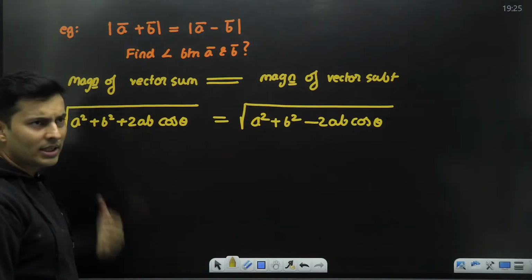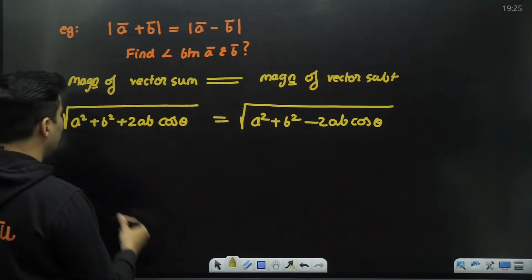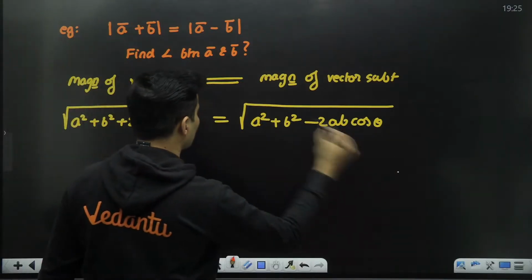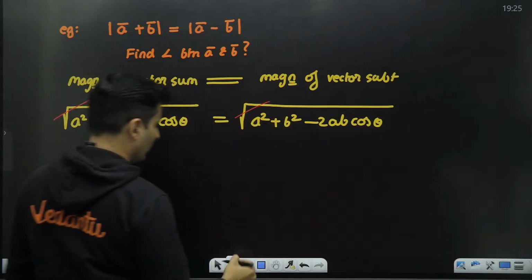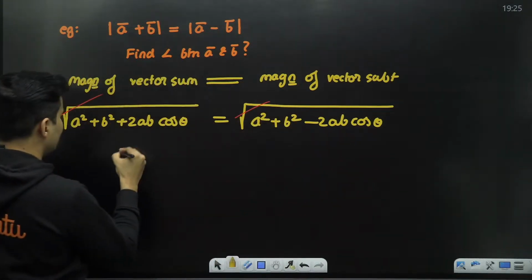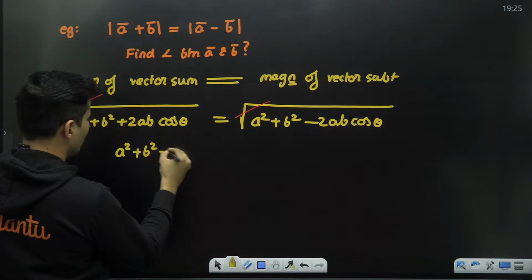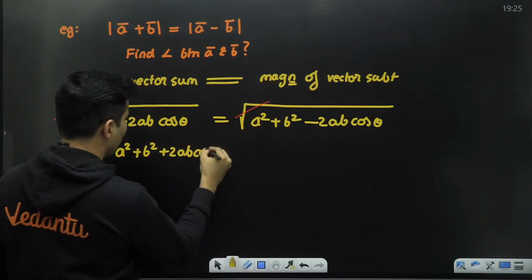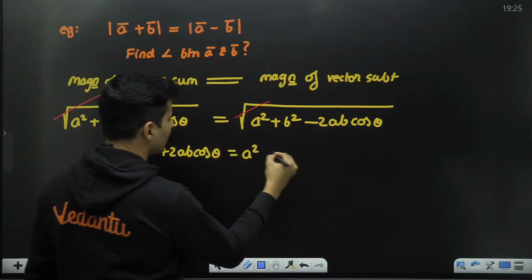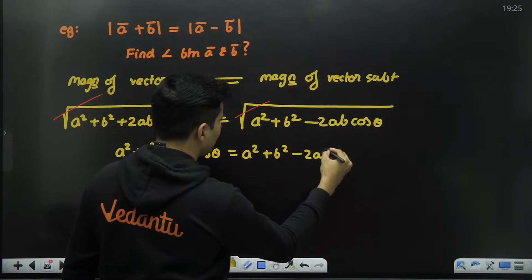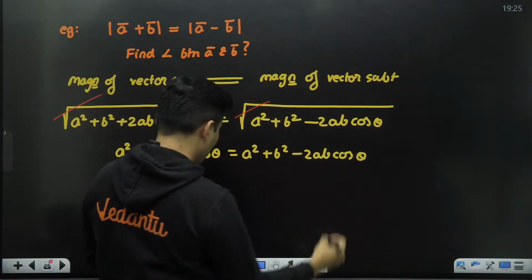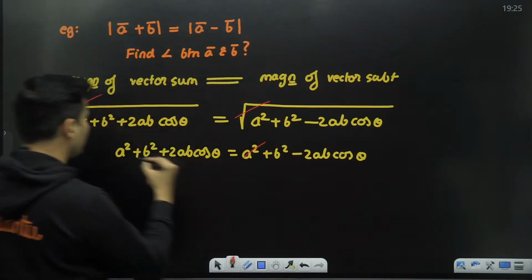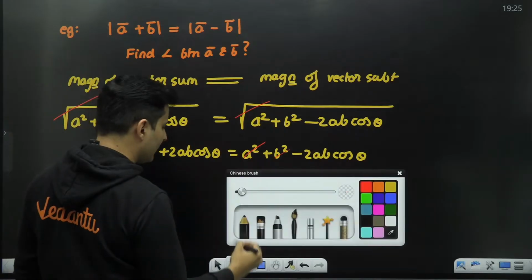Remove the square root from both the sides. What I am left with is a square plus b square plus 2ab cos theta is equal to a square plus b square minus 2ab cos theta. Guys, a square, b square got cancelled.